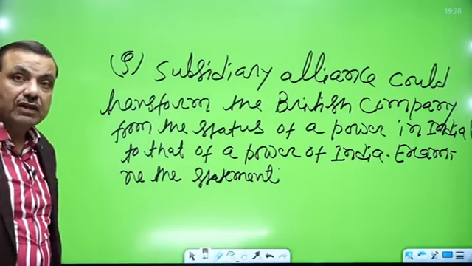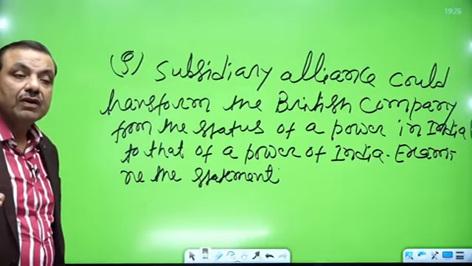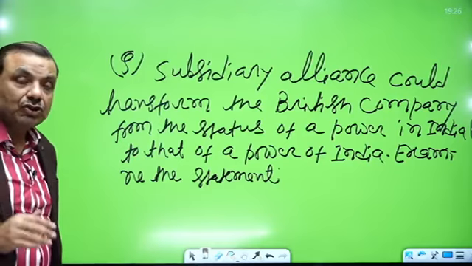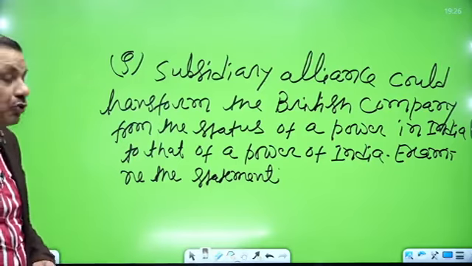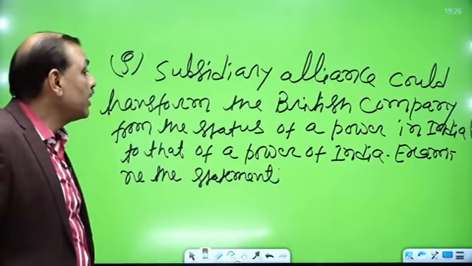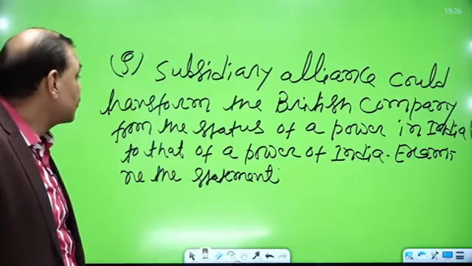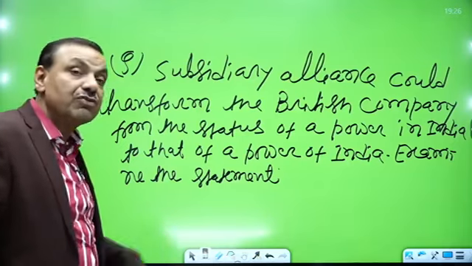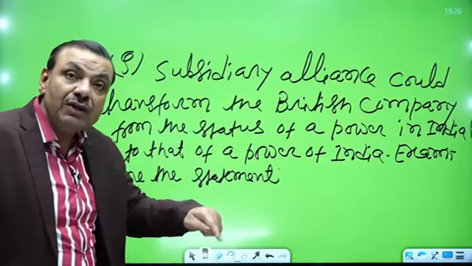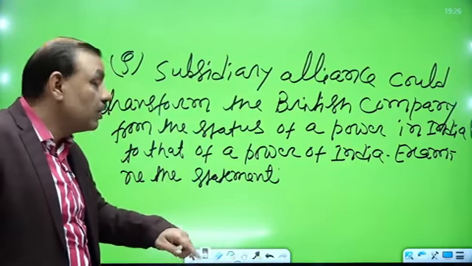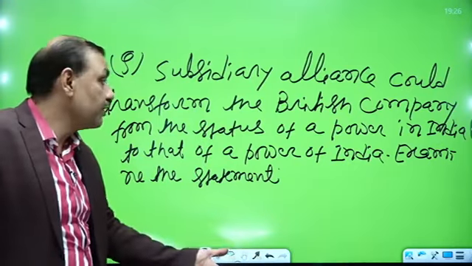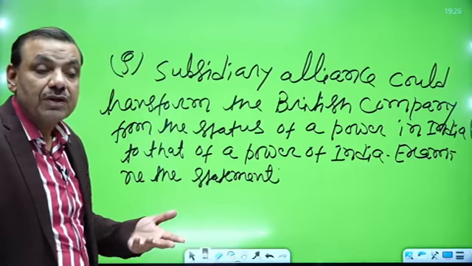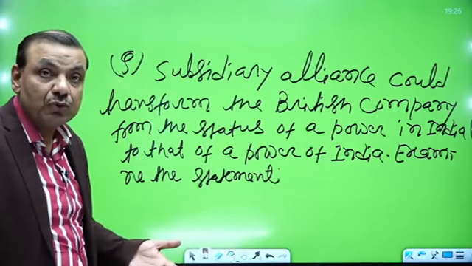Is the question clear? Are my students clear about the question? Once again, I am repeating the question. The subsidiary alliance could transform the British company from the status of a power in India to a power of India. Examine the statement. Are my students clear about the question?